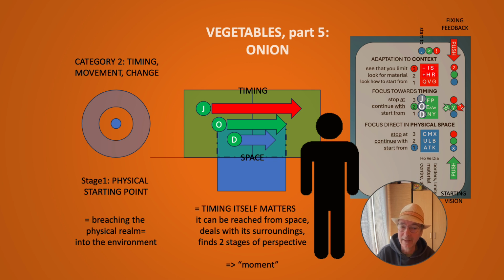The letter D, if you read it in my system, is on the first level. All the letters from the first level also start from space. The second level actually is no longer about space, but about timing. Timing is that green area, so it is completely about timing. But because it's on the number one place, the focus will also be, okay, but where do we still start from space?